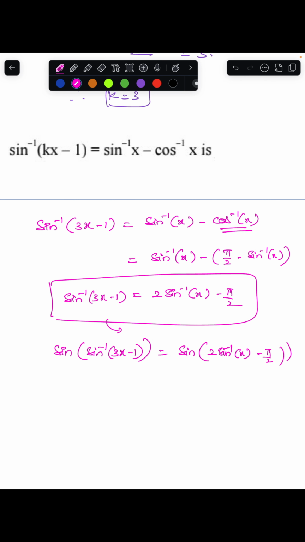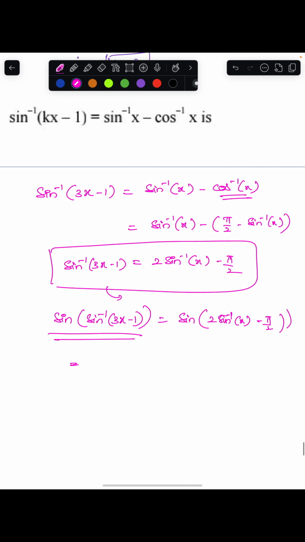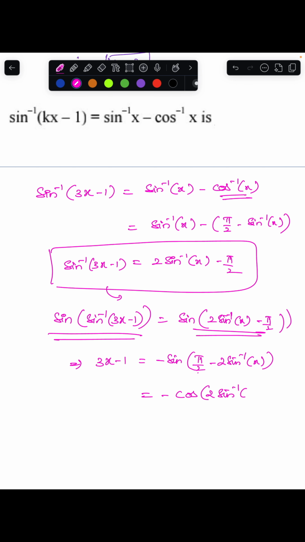Okay. Right. So here you can directly write 3x minus 1 equals sine of (2 sine inverse x minus pi by 2). I can write that as minus of sine of (pi by 2 minus 2 sine inverse x), taking minus common here. So pi by 2 minus gives minus cos of 2 sine inverse x.